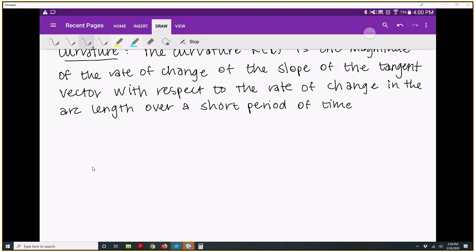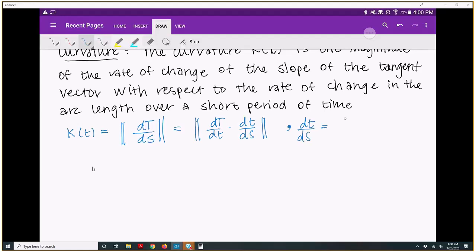That is to say, K of t is equal to the magnitude of dT/ds, the rate of change in the tangent over the rate of change in the arc length. And that should be dT/dt times dt/ds, whereby dt/ds we mean just 1 over ds/dt.